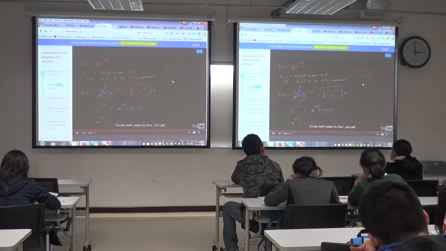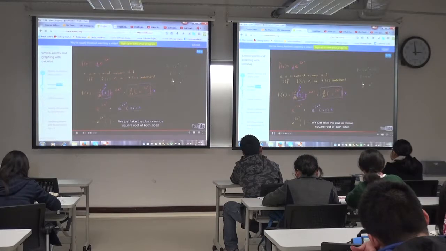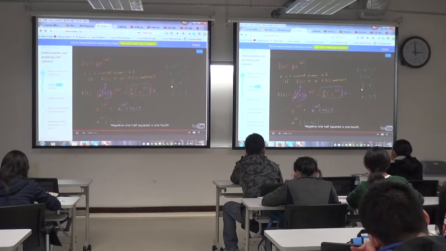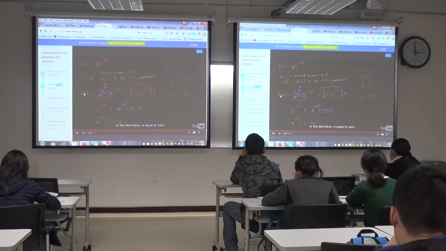Divide both sides by 4, you get 1/4 is equal to x squared. And then, what x values is this true at? Well, we just take the plus or minus square root of both sides, and you get x is equal to plus or minus 1/2. Negative 1/2 squared is 1/4, positive 1/2 squared is 1/4. So at x equals plus or minus 1/2, f prime, or the derivative, is equal to 0.